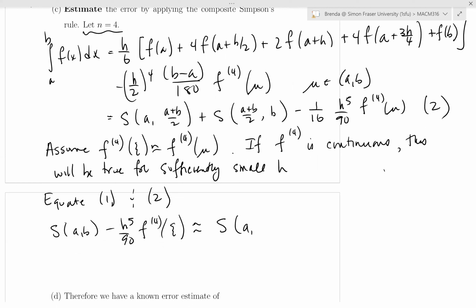I just did 2 estimates of the integral, and I'm trying to say that they should be approximately equal under certain conditions. That's what I have.